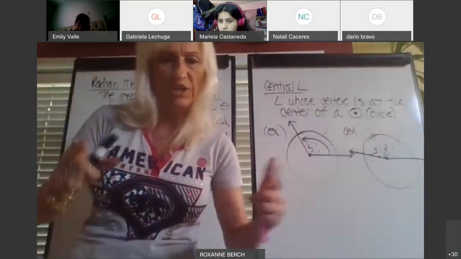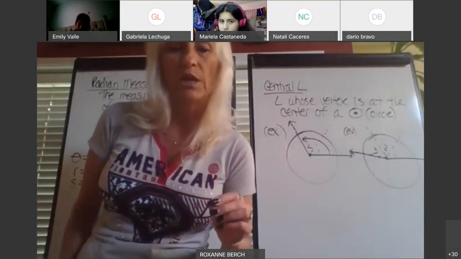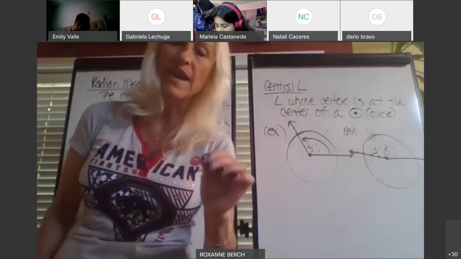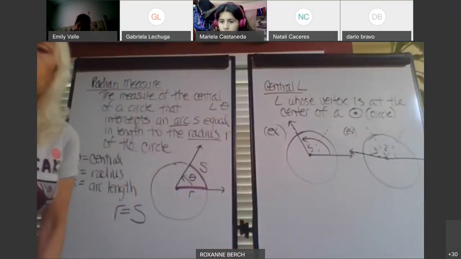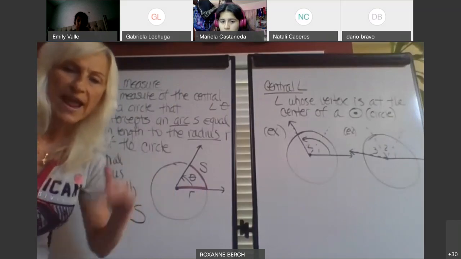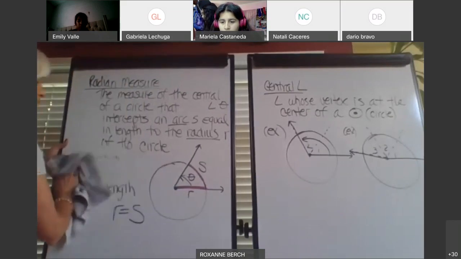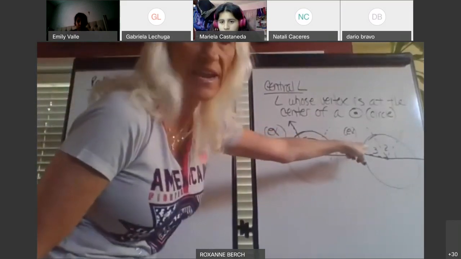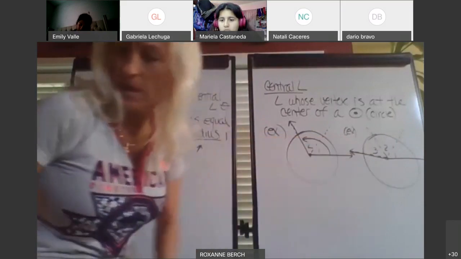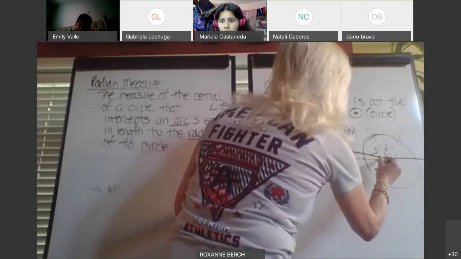So let me ask you this question. I want you to open up your mic and tell me, what is the measure of a 180-degree angle? What is the measure of a straight angle? You know that this is 3 radians, right? We're almost there. This is the straight angle, right?